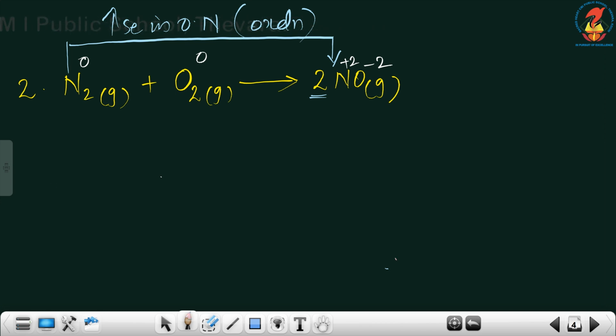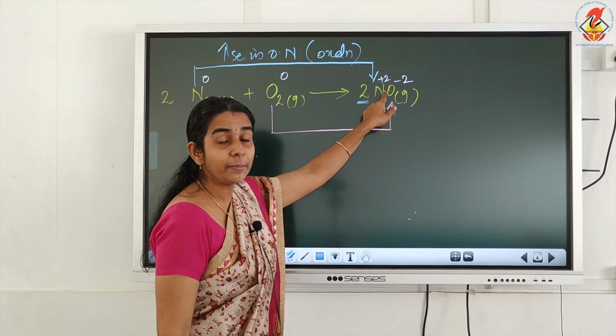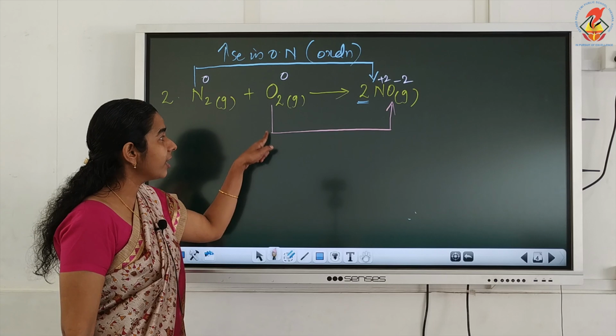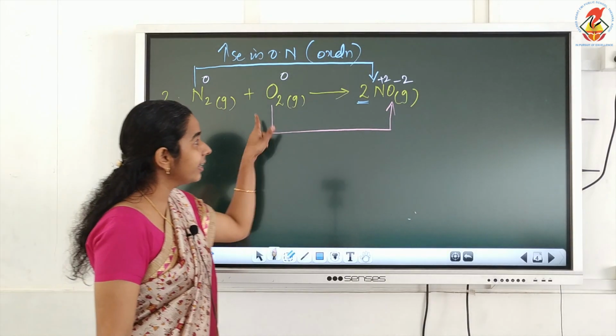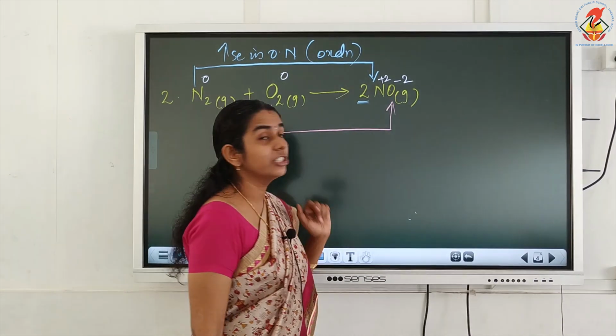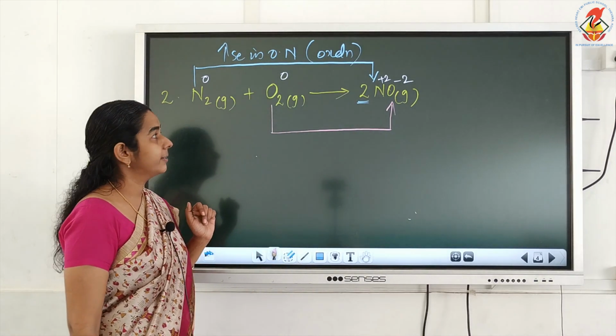Now we will see what is the change in oxidation number of oxygen. See how to draw and write. Draw an arrow starting from the left hand side and pointing exactly on the same atom on the right hand side. So here also see the arrow, I am starting from O2 on the left hand side, and it is ending and pointing exactly on the oxygen which is on the right hand side.